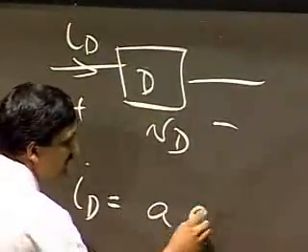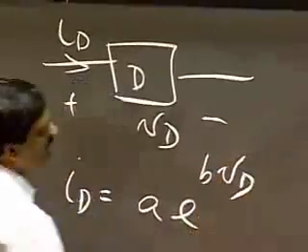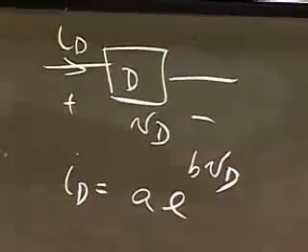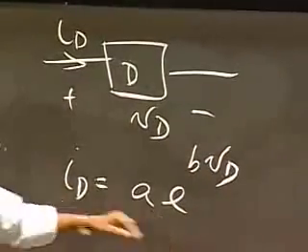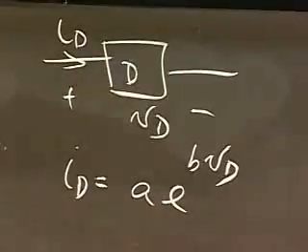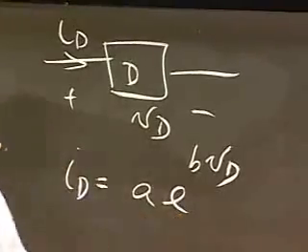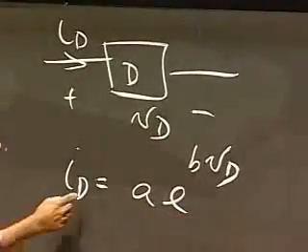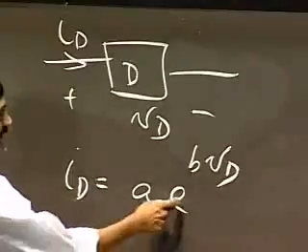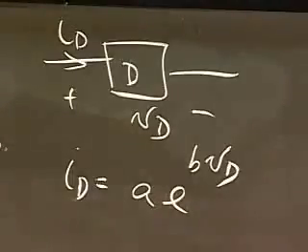It's ID equals A e raised to B VD. Okay, so there's an exponentiation here. And again, remember this is a fictitious device, and I'll show you some funky things that it does in a second. So it's a very simple relation. It's the exponential relation where the current relates to the exponentiated value of the voltage VD across the element.